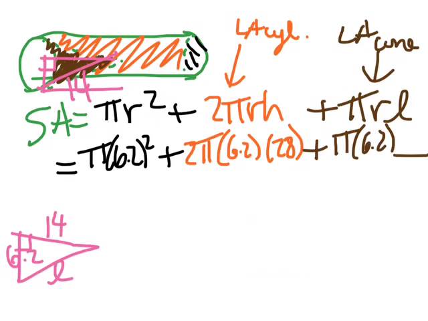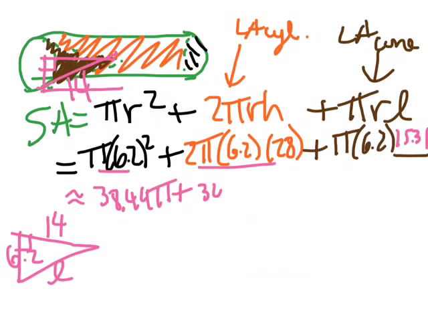Here's the slant height, Pythagorean theorem. Okay, and you're going to get about 15.31. So, put these in. This first one's about 38.44 pi. The second one here is about 347.2 pi. And the third one is about 94.93 pi.